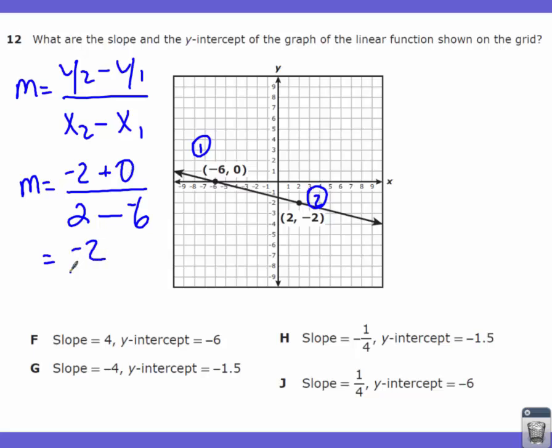You get negative 2. That tells us we definitely have a negative slope. And then 2 minus negative 6. Well, 2 plus 6 is 8. So we simplify that, and we end up with negative 1/4. So I look down at my problem and find which one has a slope of negative 1/4. And there's my answer. So that's how we find slope using a formula.